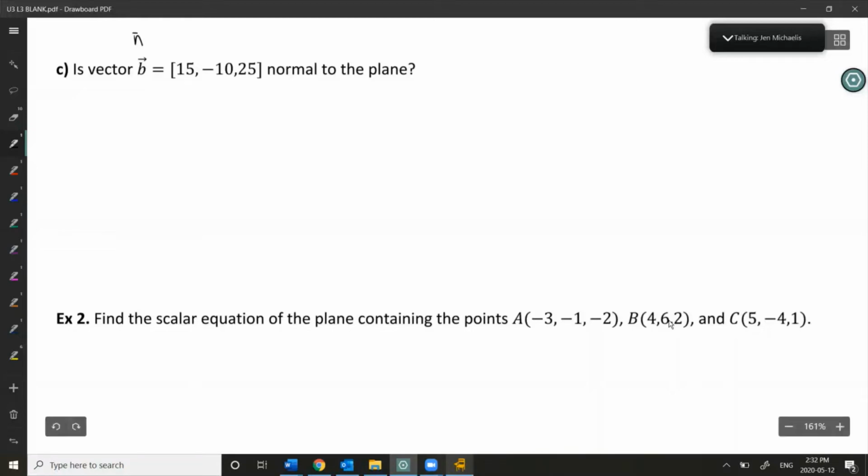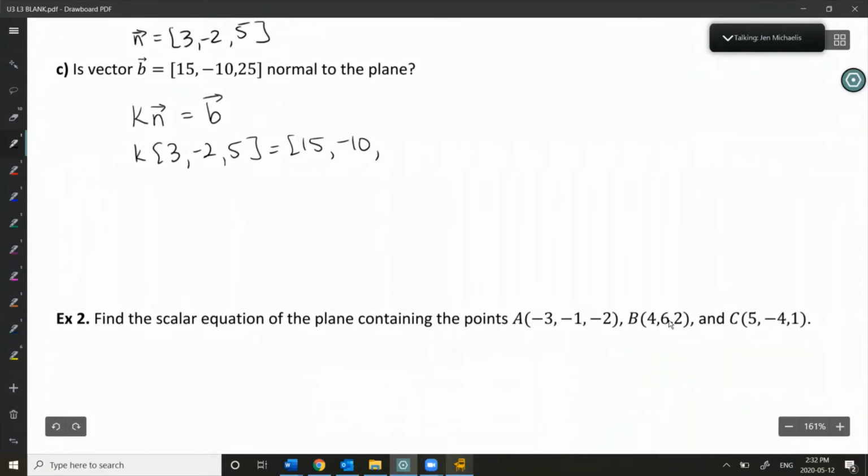So if my normal vector is 3, negative 2, 5, then I would need to have some scalar multiple that gives me vector B. So is there any multiple that I can multiply my normal vector by to give me vector B? Now we can solve for this similar to how we did in Unit 2. So if you're really unsure and it's not an easy, like, oh yeah, I can just multiply everything by 2.